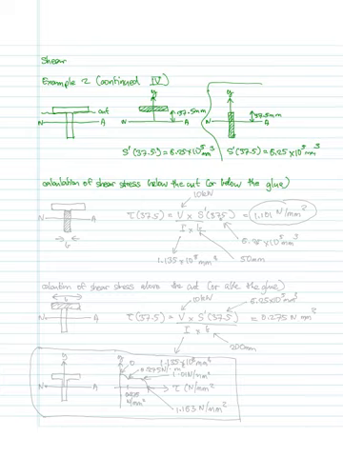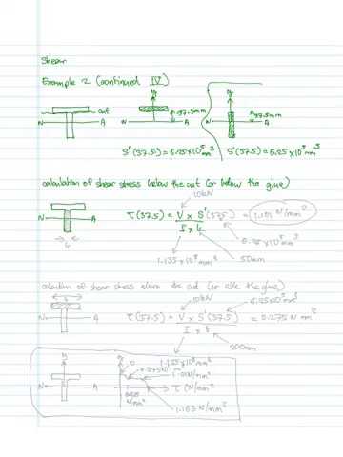For that one, we have our section like there, so that's the glue again with the neutral axis. So we've got a value of tau at 37.5, and that's going to be equal to V multiplied by S dash divided by I multiplied by B.